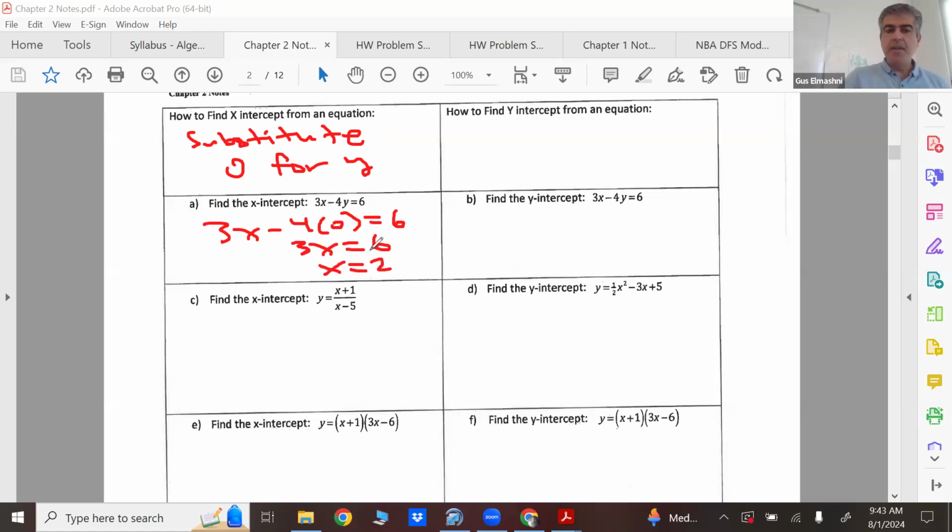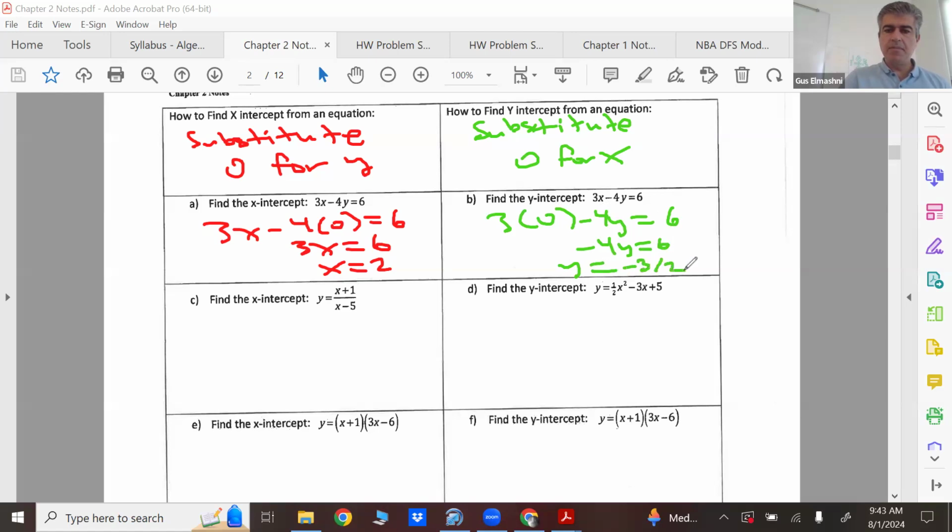That's it. How to find the y-intercept? Substitute 0 for x. Right? Very simple.